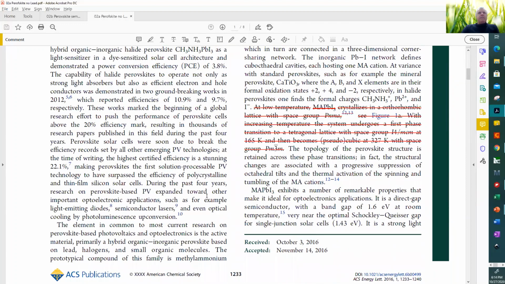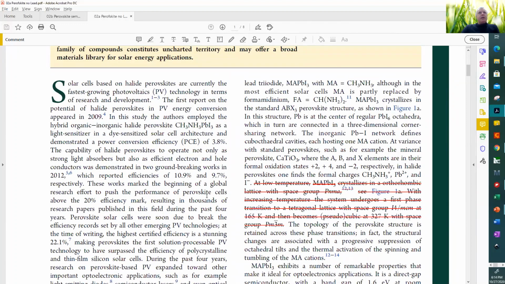Let's see here. There's organic-inorganic halide perovskites such as CH3NH3, so that's methylammonium lead iodide.